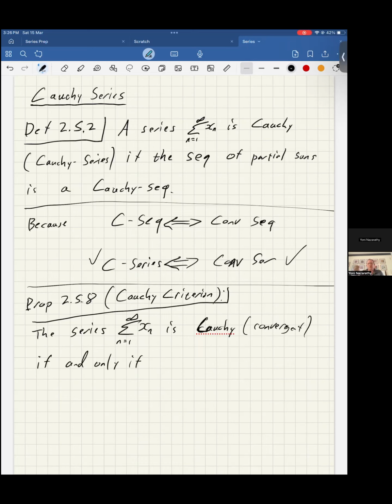So this is both a criterion for convergence and divergence because it's if and only if there exists some natural number m, such that for all n greater or equal than m, and for all k greater than that n, the absolute value of the summation of i going from n plus 1 to k of x sub i is less than epsilon.